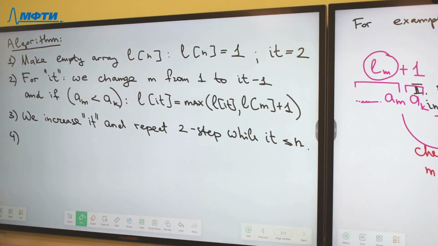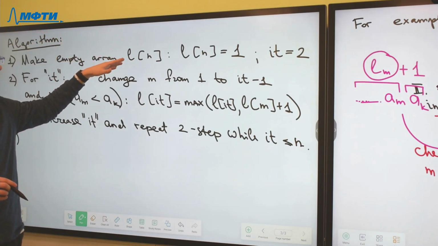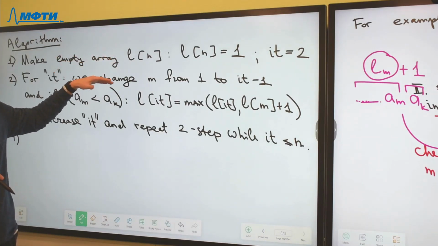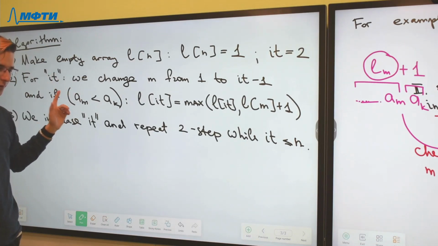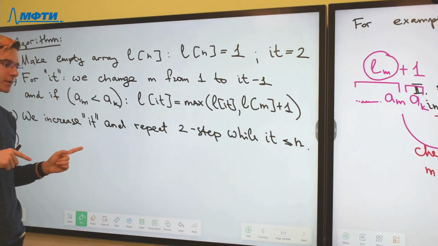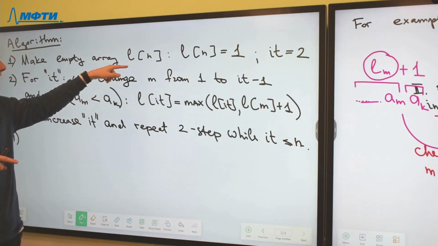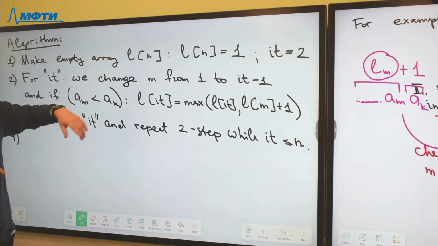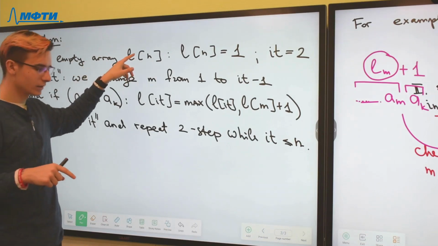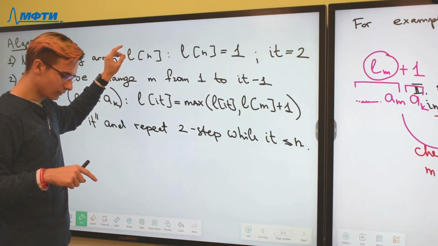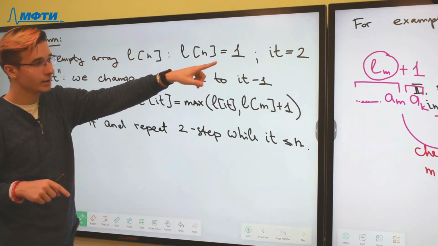So when we get this array, we find all increasing subsequences, the longest increasing subsequences that end with the number a n.